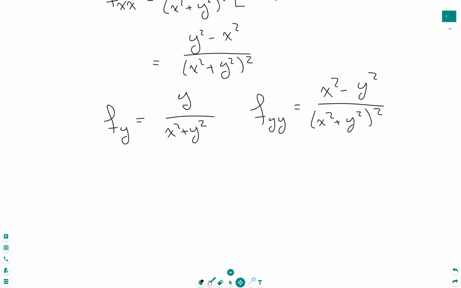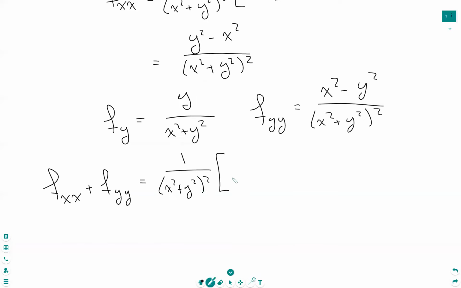You can probably already see it when I add these two second derivatives together. They have the common factor of x squared plus y squared, squared, but one has y squared minus x squared, and the other has x squared minus y squared, which ends up just being 0.